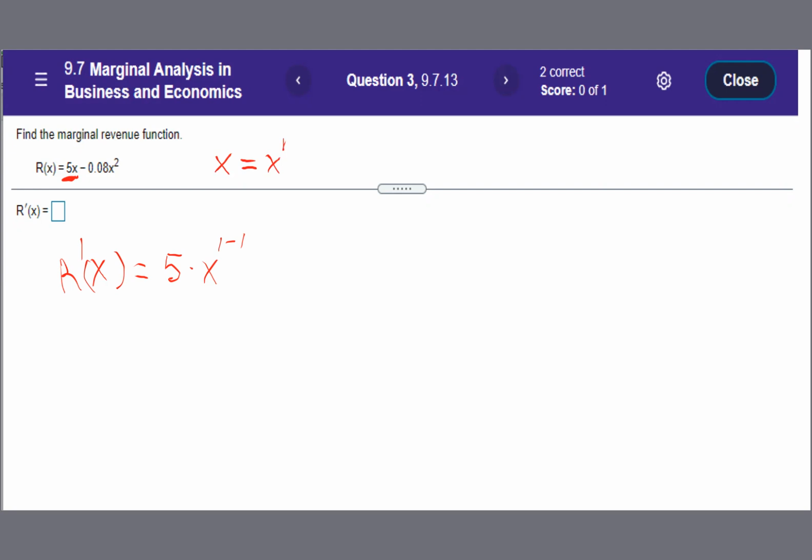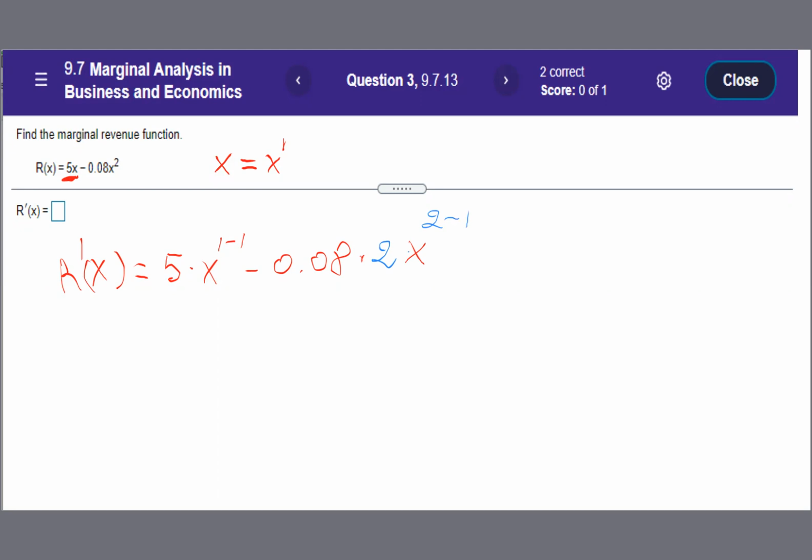So I use the power rule. Minus 0.08 times 2 times x to the 2 minus 1, power rule.